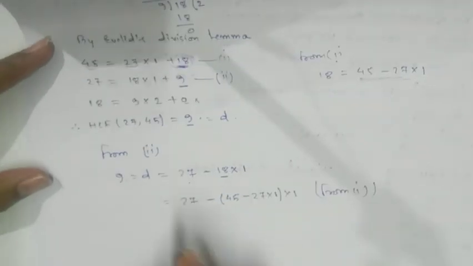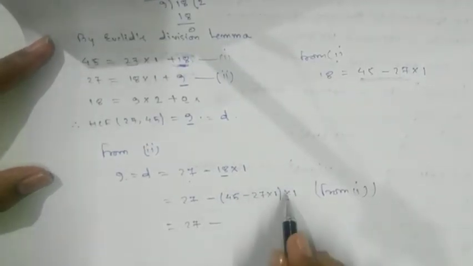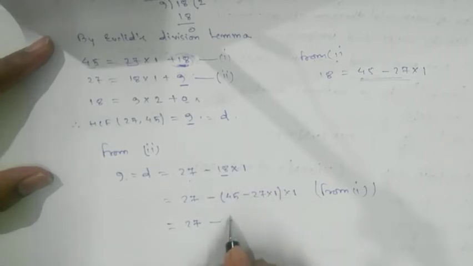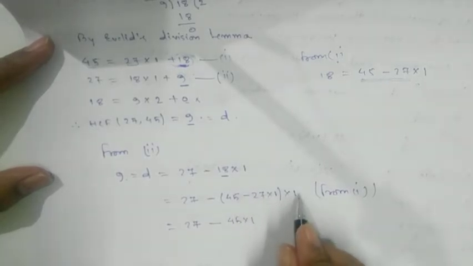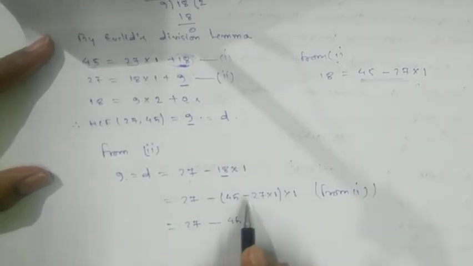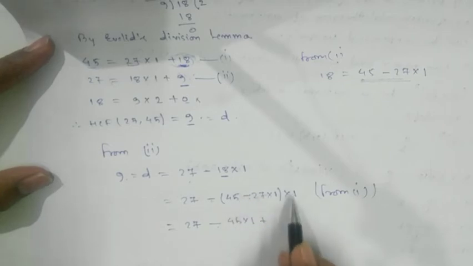Okay, now 45 into 1 will give you 45 into 1, and 27 into 1 will give you, see here, minus minus will give you plus, plus 27 into 1.